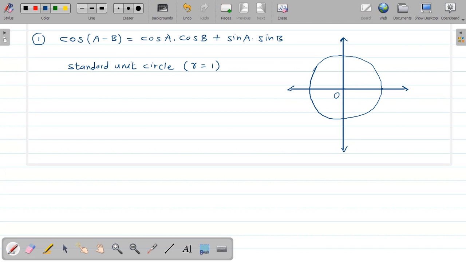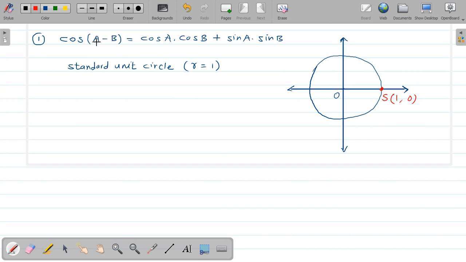Now to derive this formula, we will consider the point S here. So let us take the point S on the positive x-axis. Now as this is the standard unit circle, the coordinates of point S are 1, 0, because the radius is 1 and the point S is on the x-axis, so the y coordinate is 0.